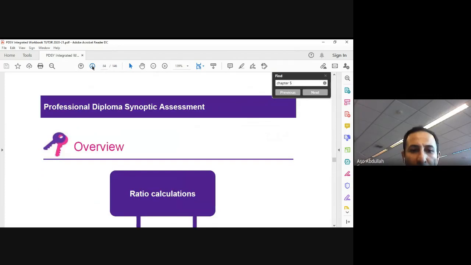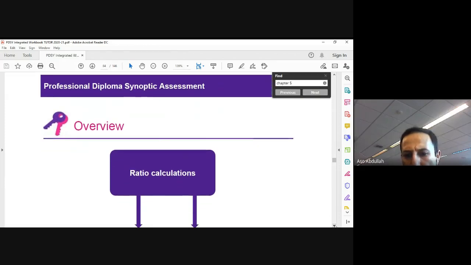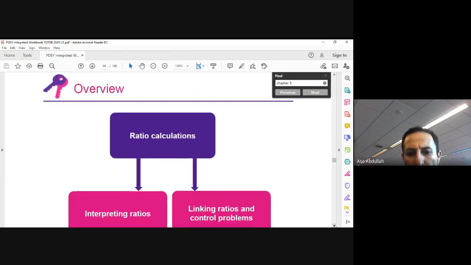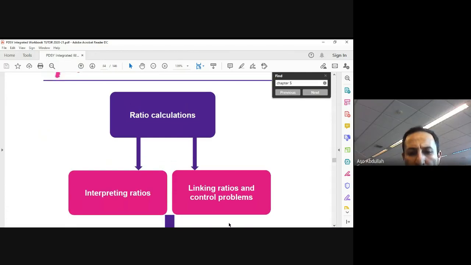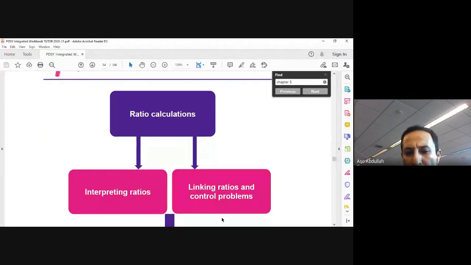So the overview of this chapter, we're going through a number of calculations relating to the ratio. So what is a ratio and why do we need to calculate a ratio in a company while they are publishing their financial statements, including the statement of profit and loss, the statement of financial position and the statement of cash flow.